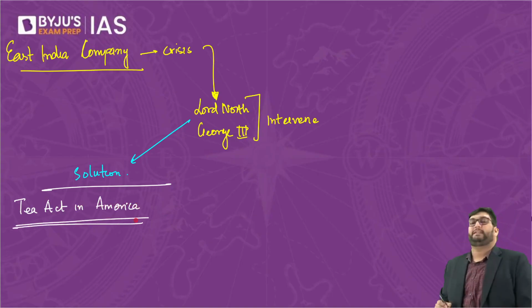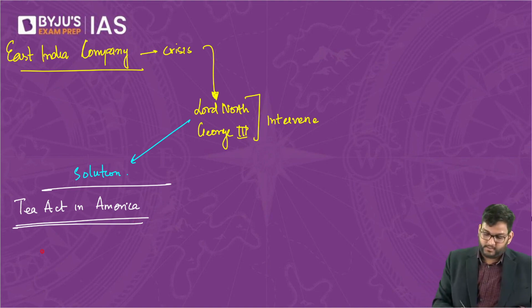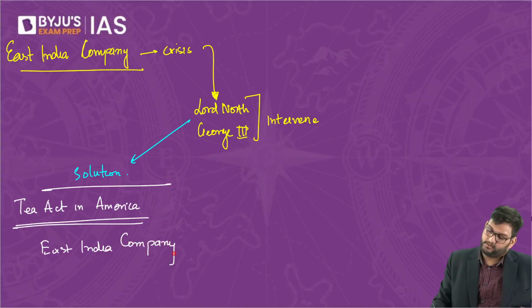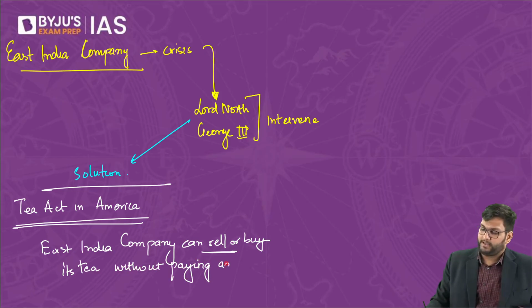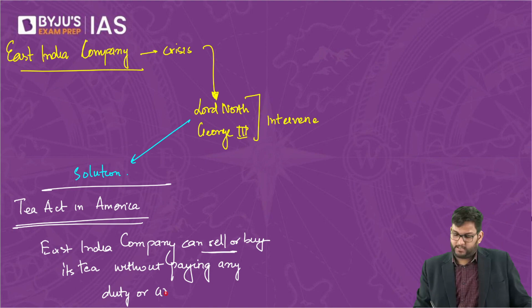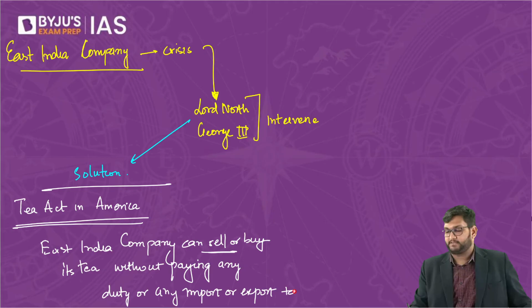And the Tea Act in America is very straightforward. East India Company can sell, or buy, but specifically sell, its tea without paying any duty or any import or export tax.